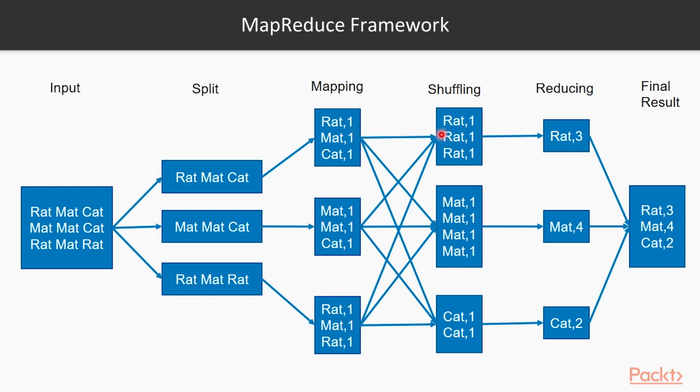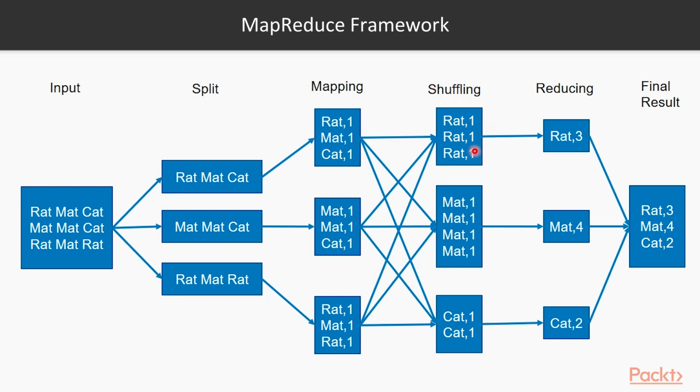So wherever the rat needs to be shuffled, it will be going there, mat is going to be here, and cat is going to be here, and so on and so forth. And it's been done by all the devices, right? So all the data nodes will start sending and shuffling the data from here to there, and then finally you will get the nodes which have all sorted, shuffled, completed data in one data node.